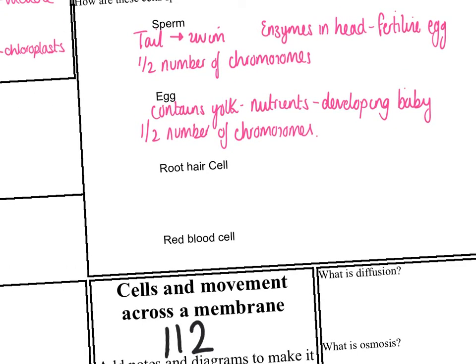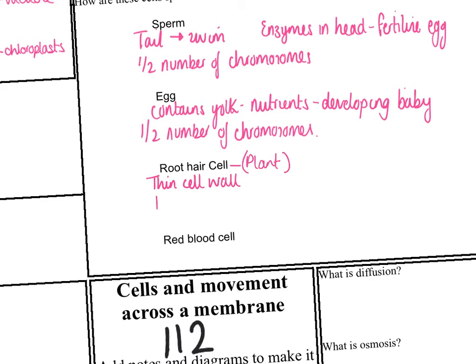Then we've got a root hair cell. This is where it confuses people. Root hair cell is a plant cell, okay? It's not an animal cell that's on your head, okay? So what its job is, it needs to absorb water. So to do this, it's going to have a thin cell wall, so it can get as much water as possible.